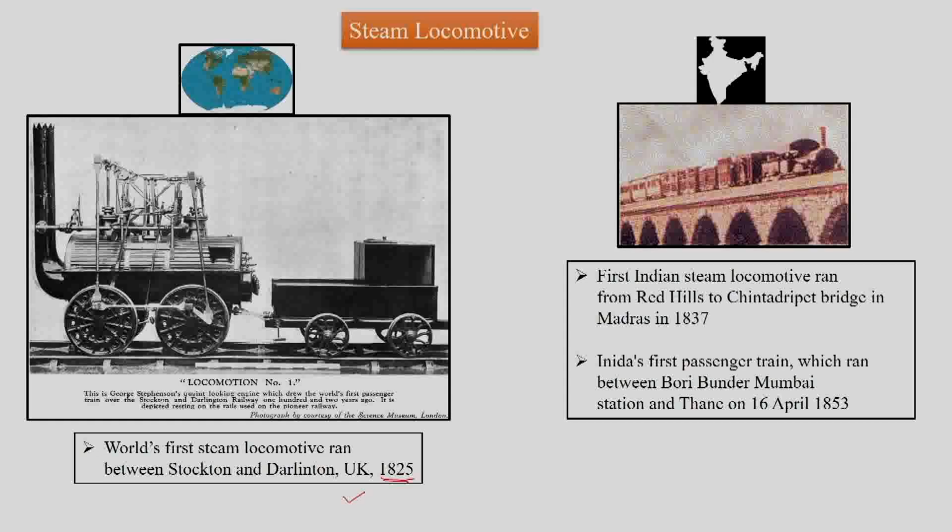Similarly, in the world scenario, we had an Indian locomotive also run between two stations in Madras in 1837. The first such train which had its operation using steam ran between two stations around Mumbai, and it took place in 1853.